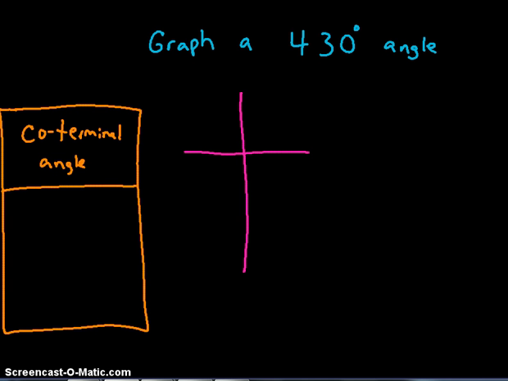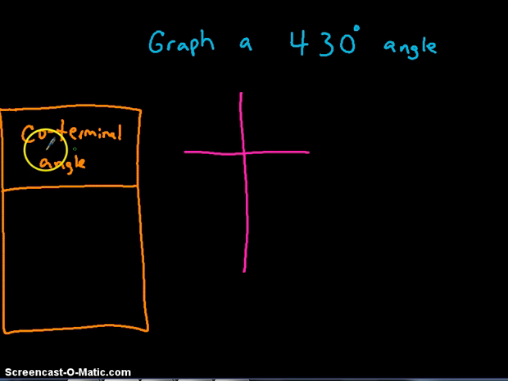So if it gave you new directions that said to graph a 430 degree angle, what you want to find is a coterminal angle. A coterminal is an angle that has the exact same terminal side as the angle we're looking for. It's kind of weird to graph a 430 degree angle because it's more than 360.